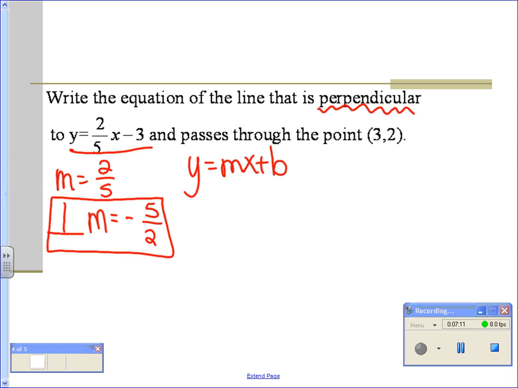So we actually use that slope. Does that make sense? Because the line we're looking for isn't parallel to this one, it's perpendicular. Negative reciprocal. Any questions so far? So once we have our slope, what would we do next?